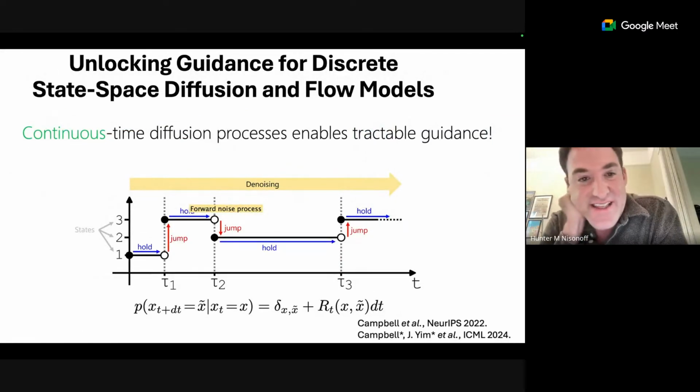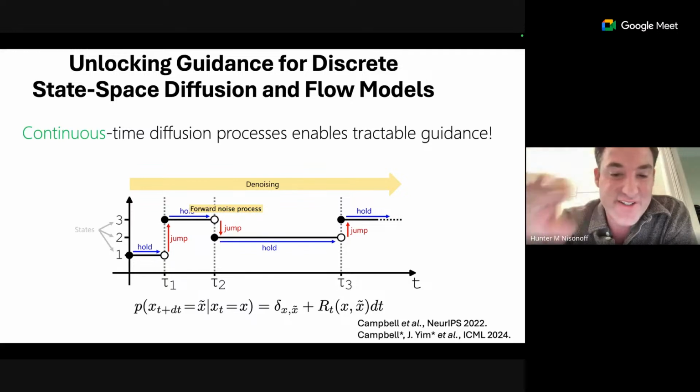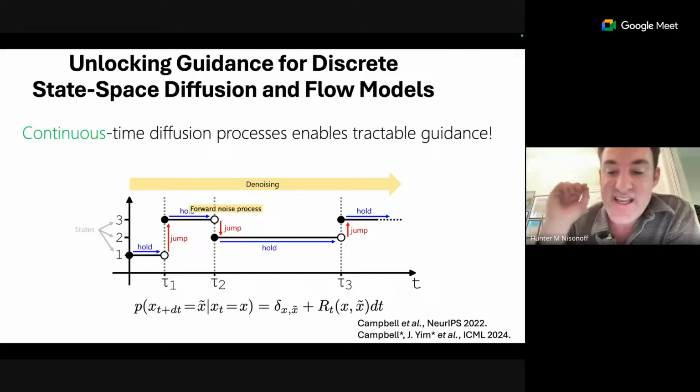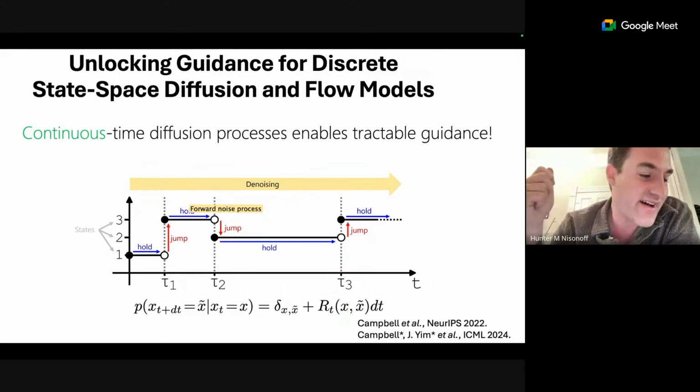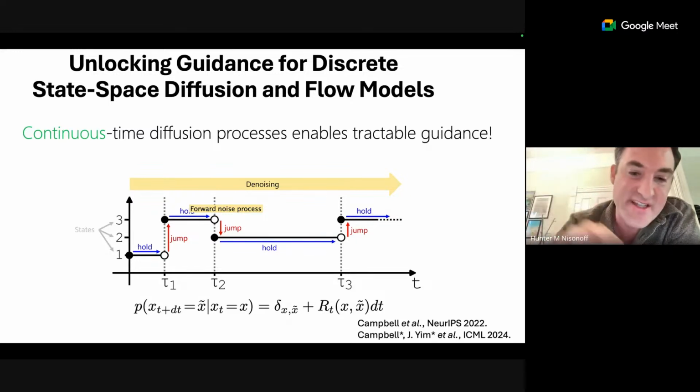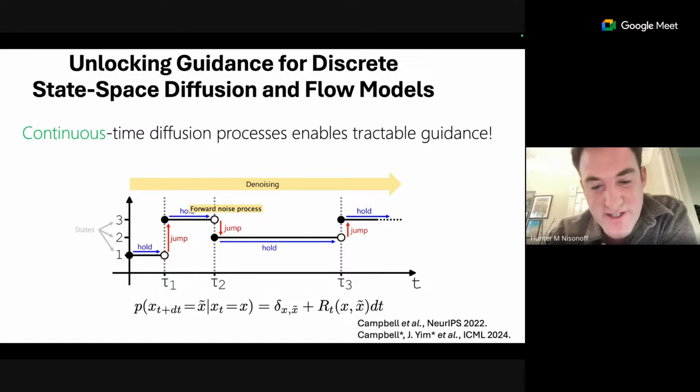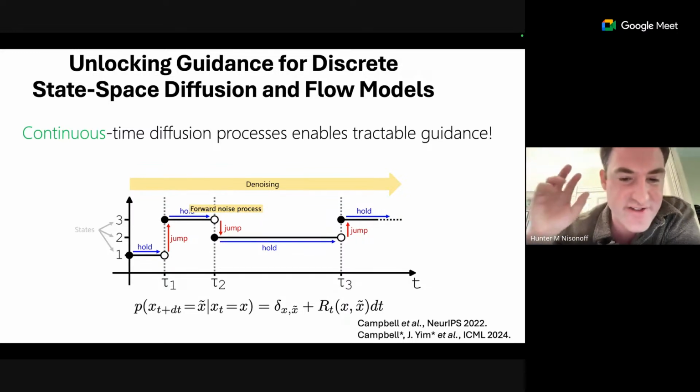And so this motivated the final object that we need for making guidance work here. Just as in the original formulation of diffusion models that I talked about earlier, we started with this discrete time formulation and then moved on to this continuous time formulation where we defined a stochastic differential equation that noised our data, and we reversed that stochastic differential equation.